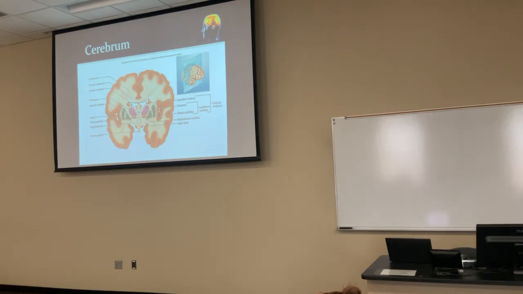In addition, very deep in the cerebrum, there are some clusters of gray matter. Those are called the basal ganglia, and they have various functions. Some of them are involved in planning of complex motor activities, putting together complex motor programs.